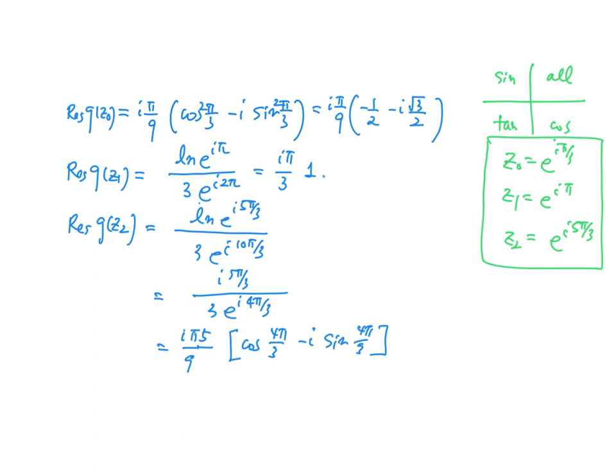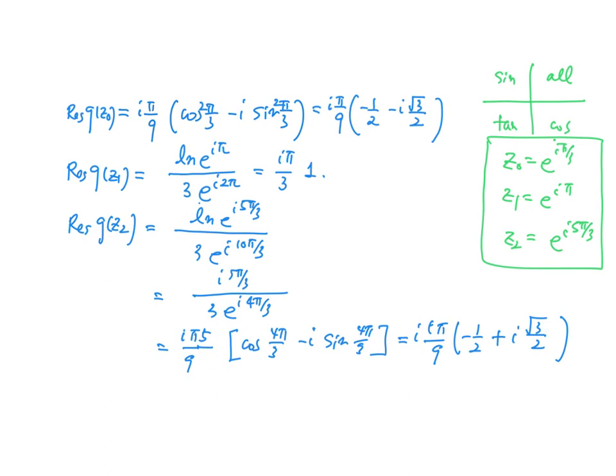And so this is a third quadrant where this is negative, this is negative. So it becomes 9 I 5 pi minus 1/2 plus I square root of 3 over 2.